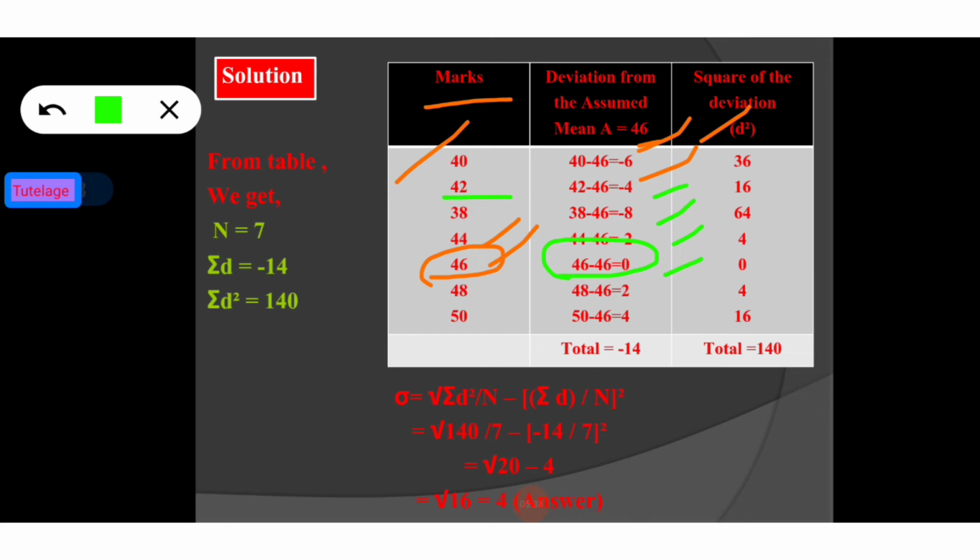Okay. So for the next class, 48 minus 46, that is 2, and 50 minus 46, that means 4. So the total is minus 14.